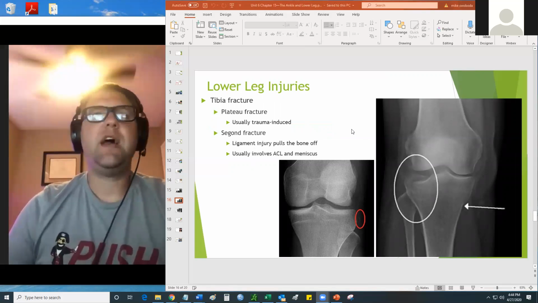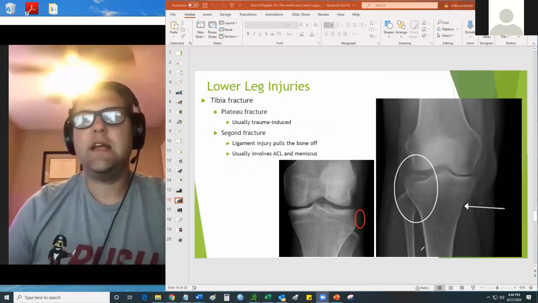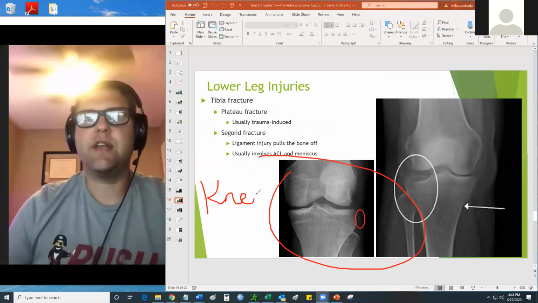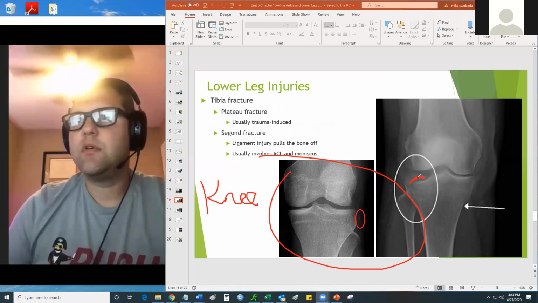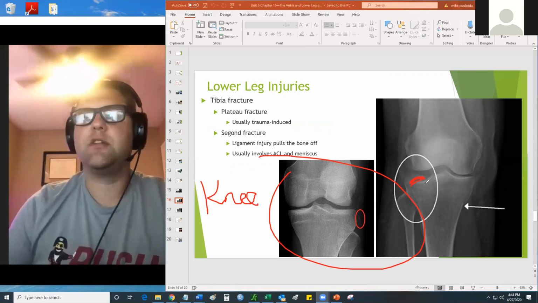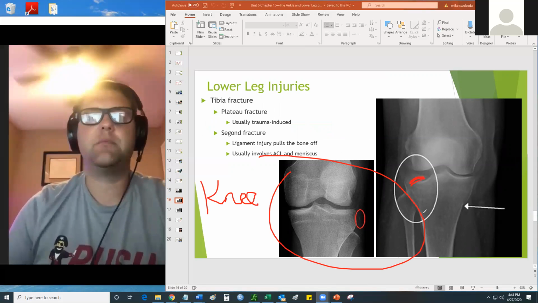Now, if you have a tibial plateau fracture, this here is your knee. This means that the top of your tibia, the top of your shin bone, gets a crack in it.